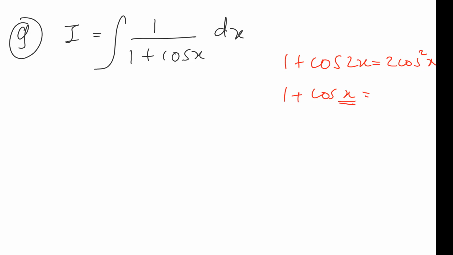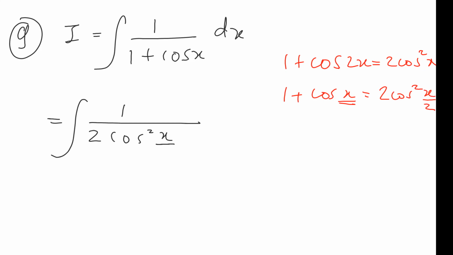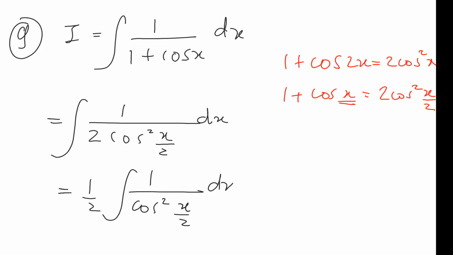The half of x is x by 2, so it is 2 cos square x by 2. So this will be 1 upon 2 cos square x by 2. 1 upon 2 will go outside, and 1 upon cos square x by 2.